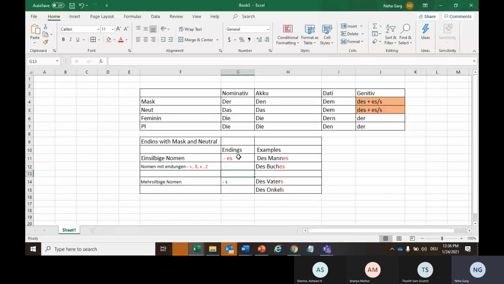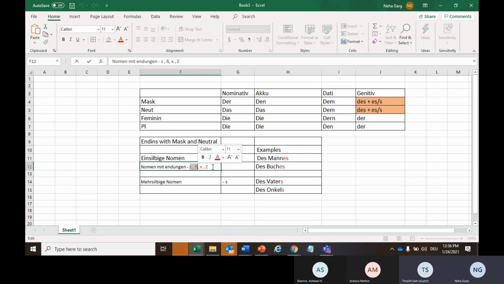We will be adding es as an ending with masculine or neutral nouns. Einsilbige Nomen means when we just have one vowel in the noun. We hear Mann, nur a. We hear Buch, nur u. So if there's one vowel, then you use this es. Or any word which has this ending: S, ß, X, oder Z. Okay, perfect.